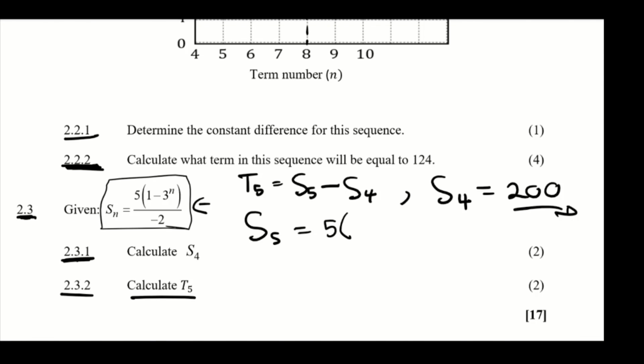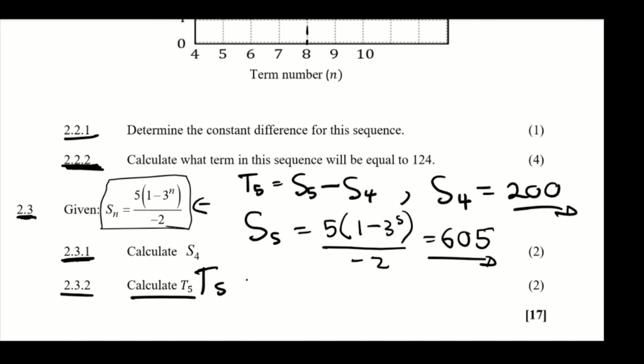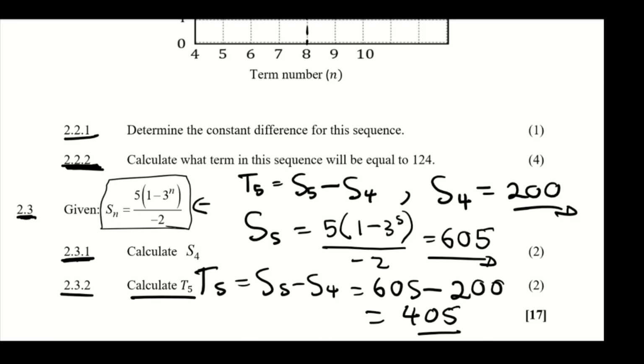It's going to be 5 into 1 minus 3 to the power of 5 divided by minus 2, and your calculator will give you 605. So term number 5 is equal to S5 minus S4, which is 605 minus 200. And the answer you need to get is 405. So term number 5 is equal to 405.